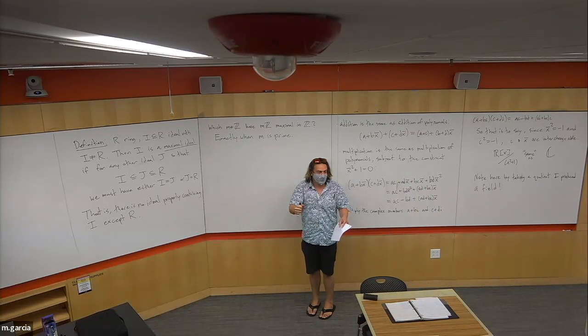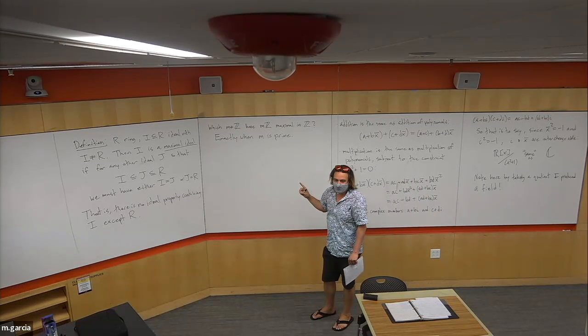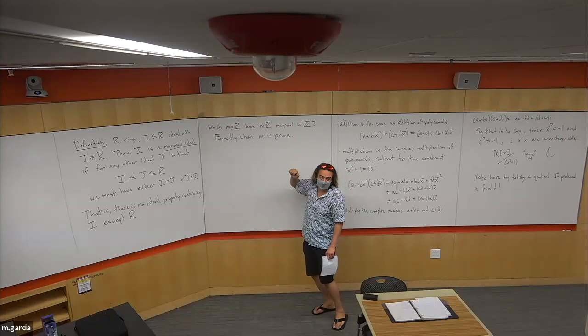If you take all the multiples of a prime, there's no ideal that contains all of those that isn't the entire ring. So this is true in any Euclidean domain. Let's prove it in general, and then we'll come back and interpret it here.